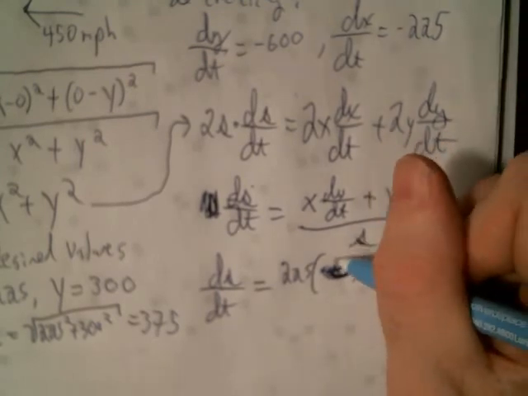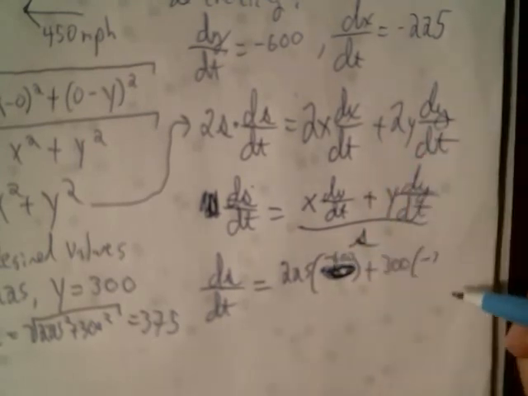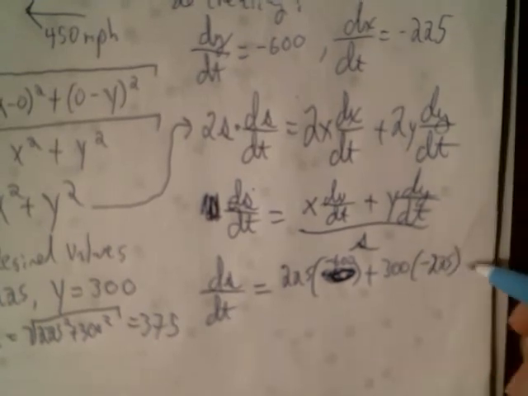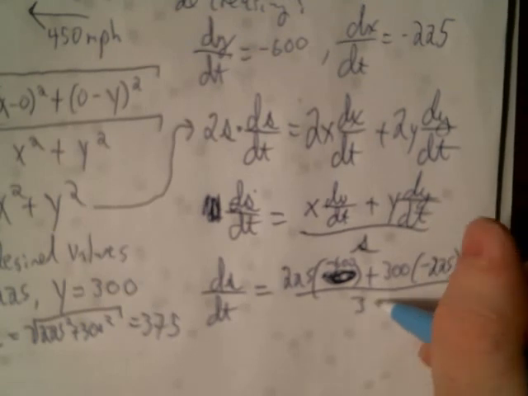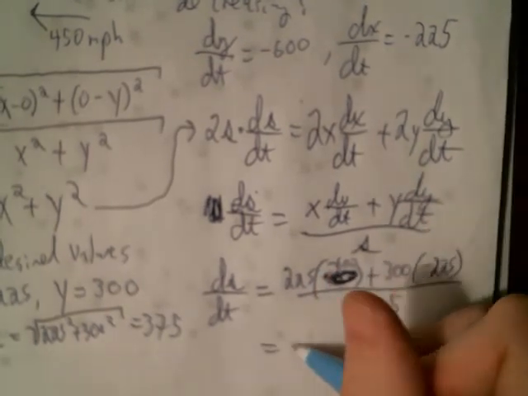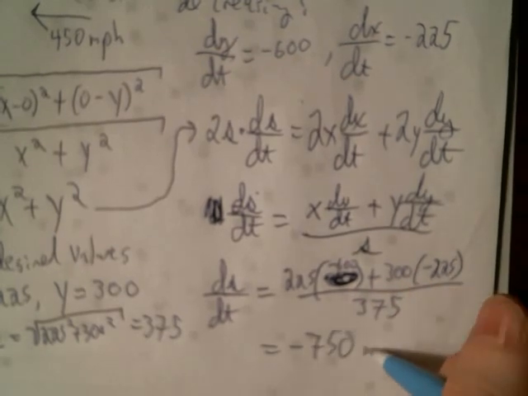So it's 225 times negative 600, and then 300 times negative 225, and then that's all over 375. And we need to put that into our calculator. I'm getting negative 750 miles per hour.